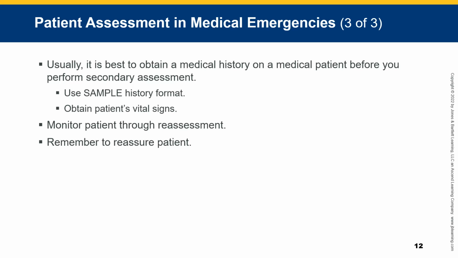Obtain the patient's vital signs and perform an ongoing reassessment or patient monitoring if the arrival of emergency medical services personnel is delayed. Make sure to remember to reassure and help calm the patient.